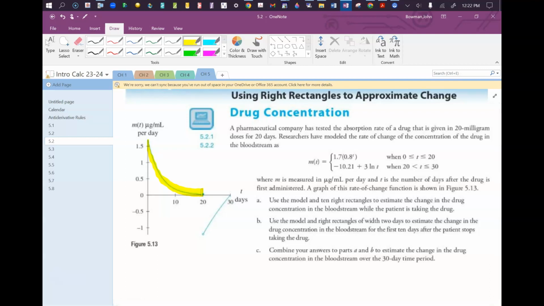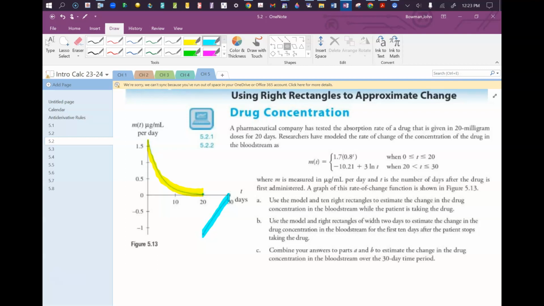And notice the rate of change from 0 to 20 days is positive, so that means the amount of drug in their bloodstream is actually increasing. And then the second part of the function, which occurs from 20 to 30 days, is a negative rate of change, and that indicates that they've stopped taking the drug, so the amount of drug in their bloodstream is decreasing.